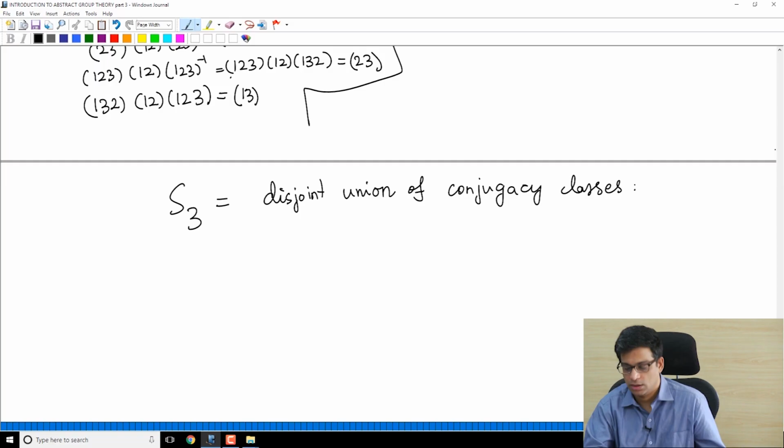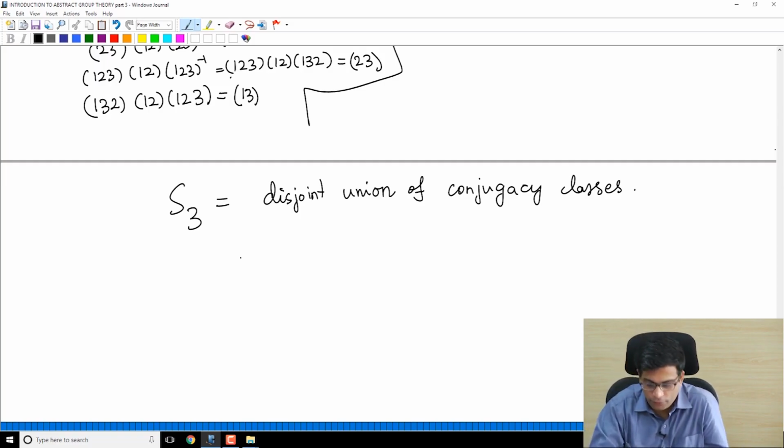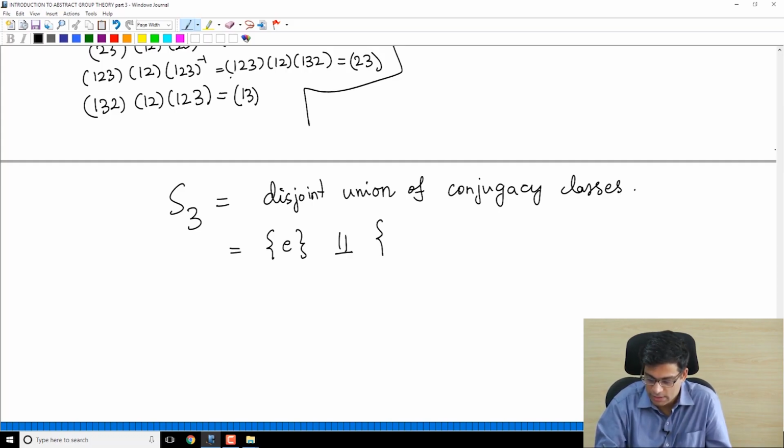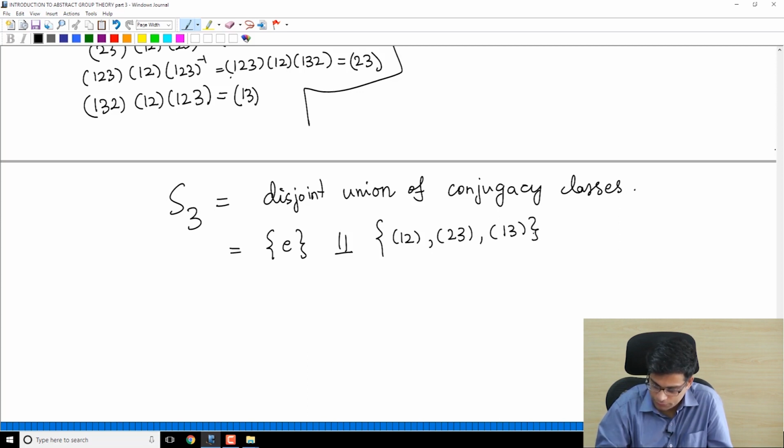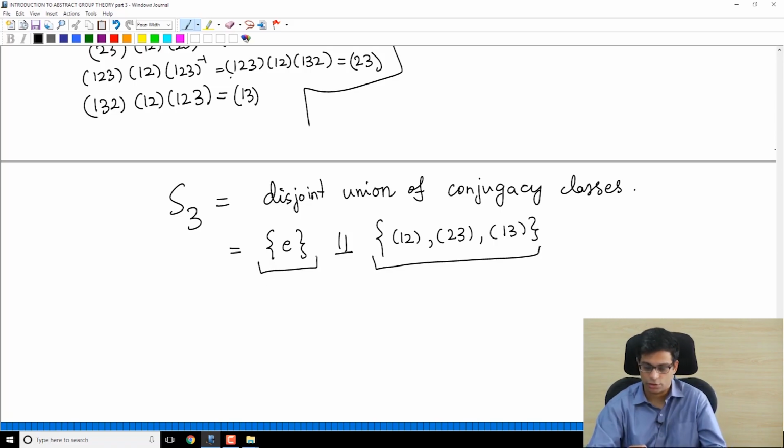Disjoint union of orbits, in this example we are calling them conjugacy classes. And so far we have found two of them. So far we have found E, that's one conjugacy class, and all 2-cycles form another conjugacy class. So this is one conjugacy class, this is the second conjugacy class.